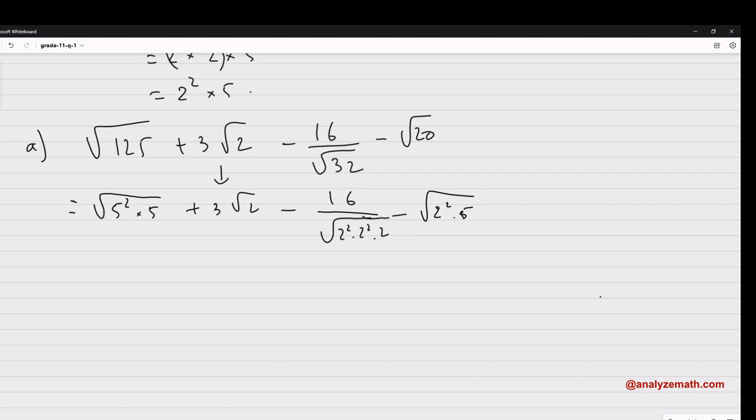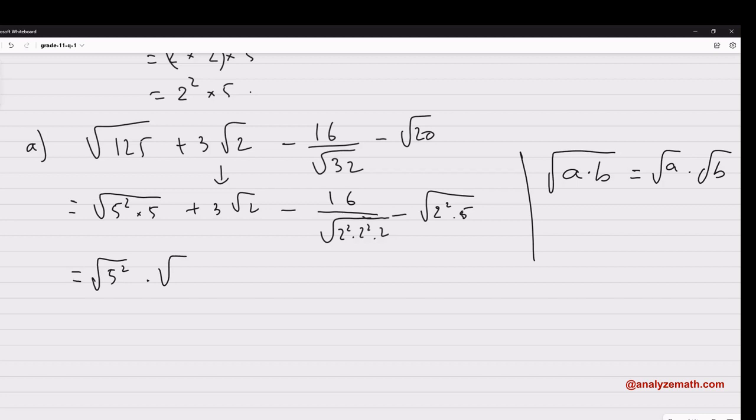Now we have the perfect squares and the square roots. We start simplifying. Before we do that, we need to remember a rule in the square roots. The square root of a multiplied by b is the square root of a multiplied by the square root of b. So I go here and I write this as, now this no change.